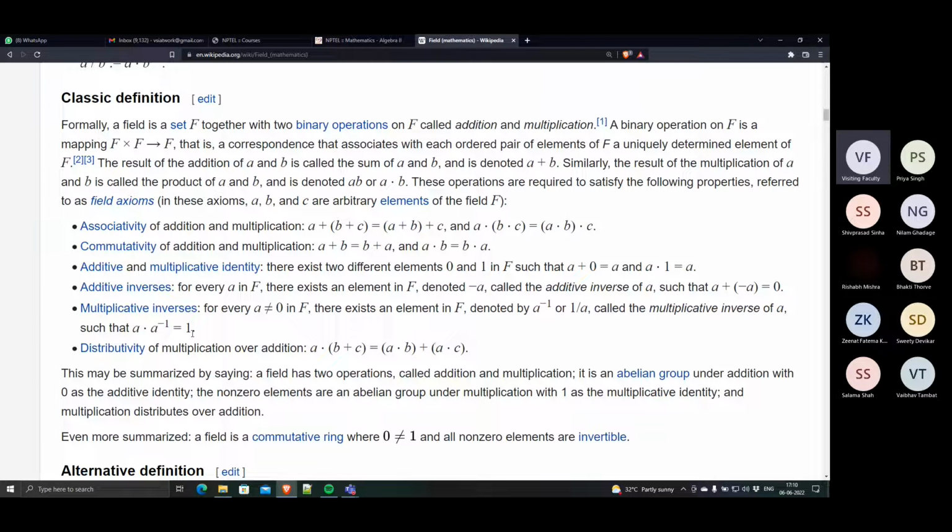All non-zero elements are invertible. That is the definition of a field: a commutative ring with unity where all non-zero elements are invertible. So now, can you give me an example of a field? Have you seen a field anytime?